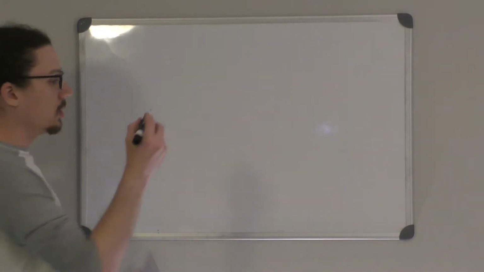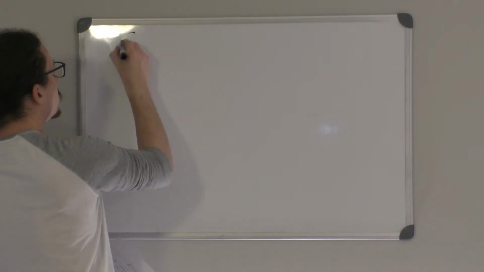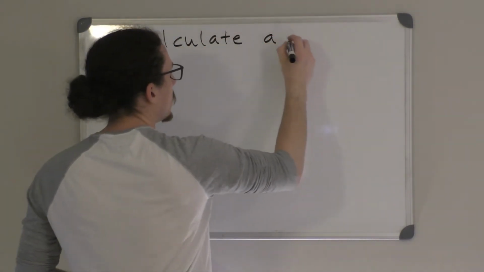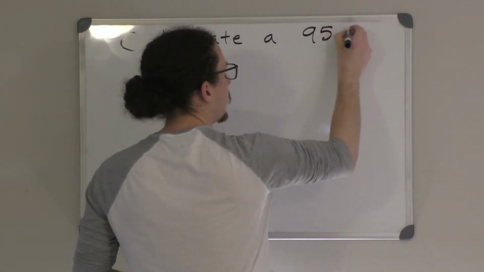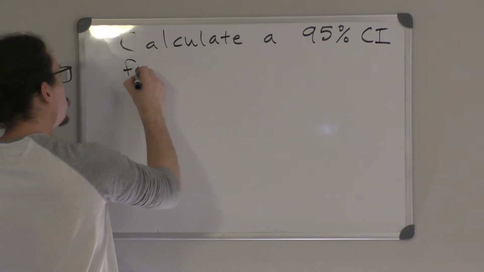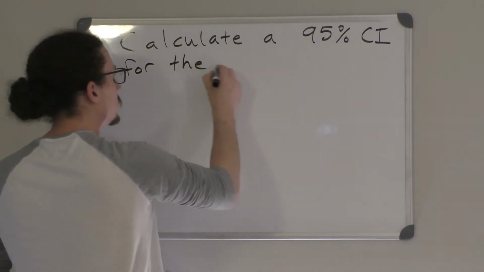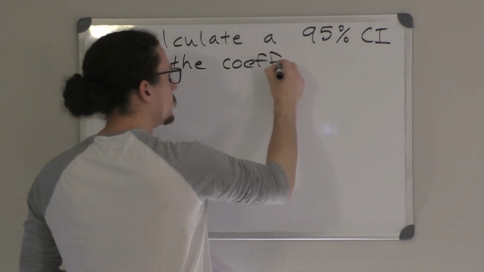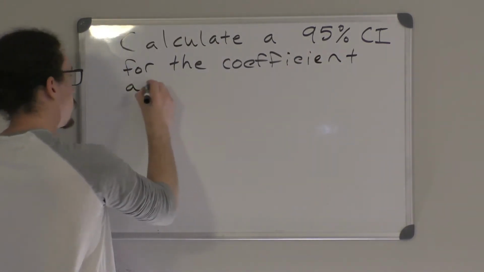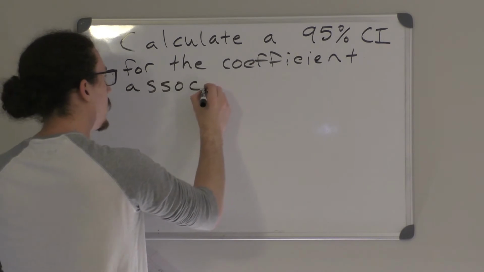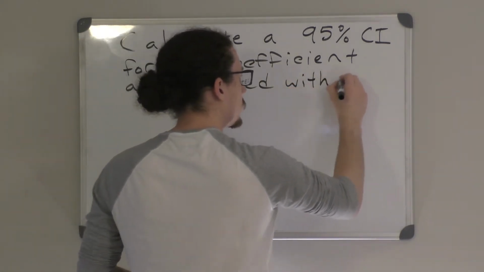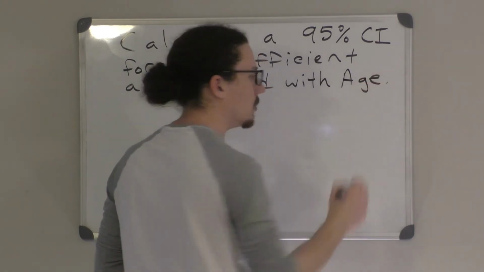We're going to calculate a 95% confidence interval for the coefficient associated with age.